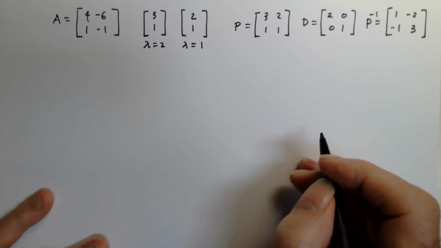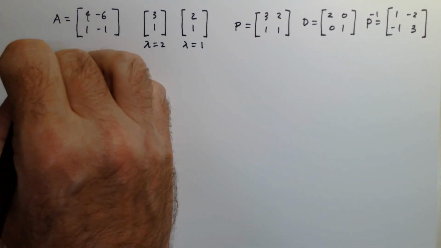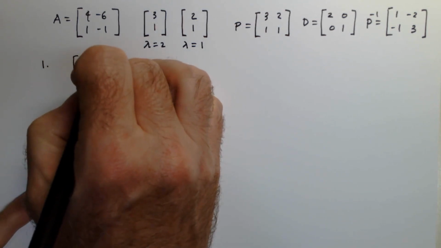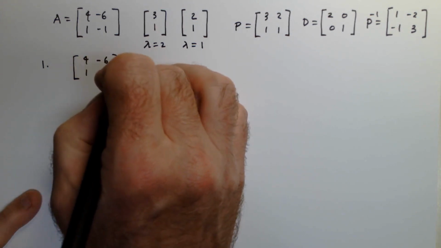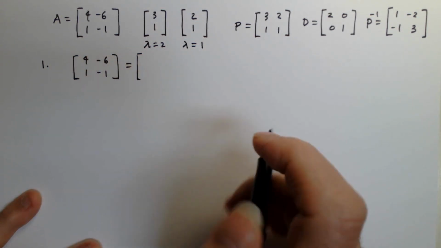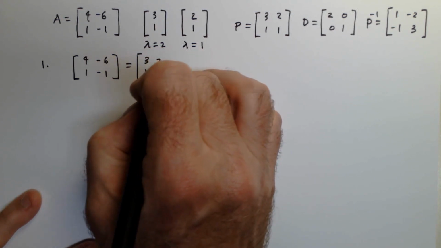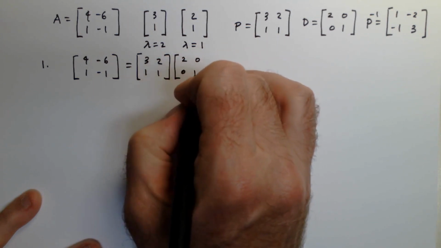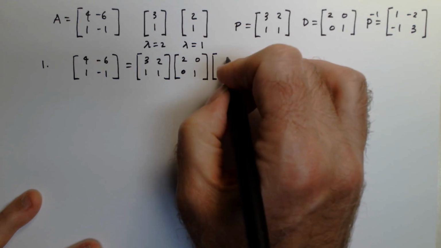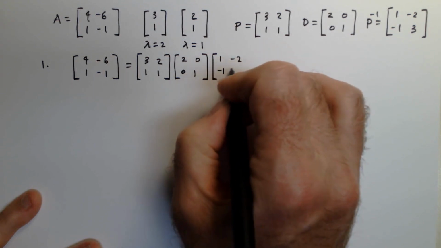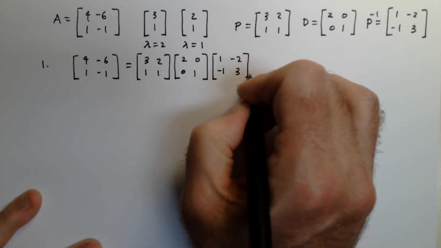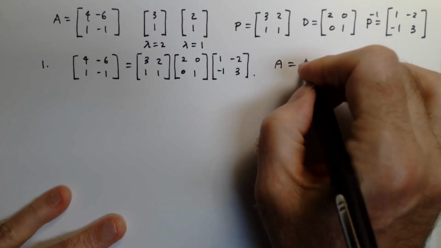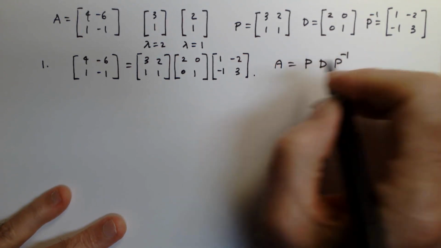Okay, so our diagonalization of A, our representation of A, is going to be A, which has entries 4, -6, 1, and -1, can be represented as the product of these 3 matrices: P, D, the diagonal matrix, and P inverse. And so there's our diagonalization of the matrix A. It's A equals P times D times P inverse.